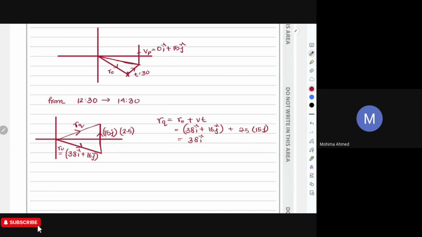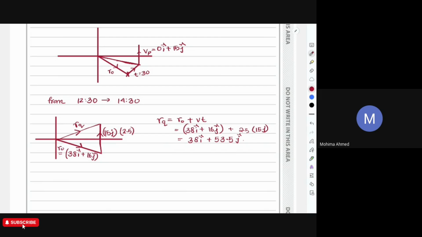So 37.5 plus 16 leaves you with 53.5J, right? So we have RQ, that's correct. Then again, this is the final position vector. At 14:30, this is the position where ship Q will be present.